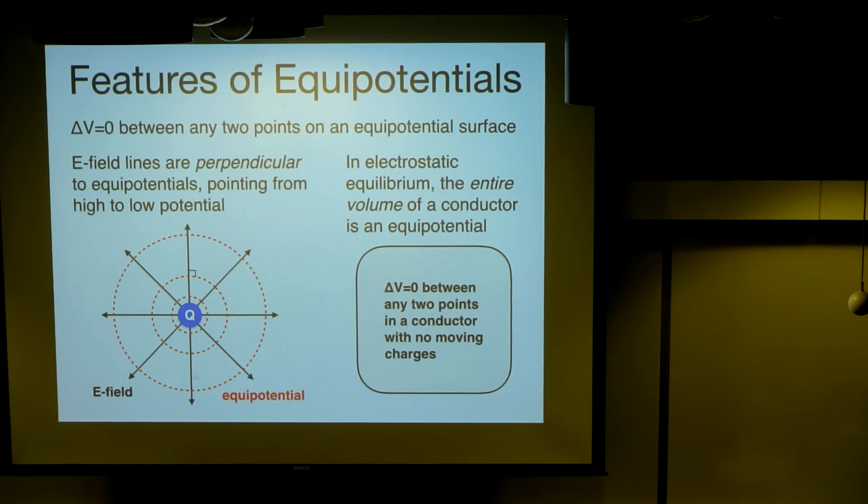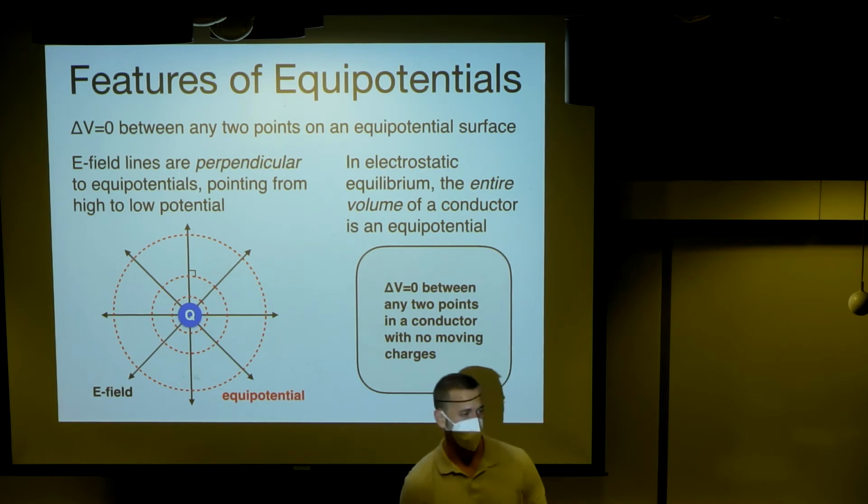Now let's talk about some general features of equipotentials, okay? So as we said, this is really the definition of an equipotential. If you have an equipotential and you move along that equipotential, delta V is going to be 0 by definition, right? We also saw that E fields point from high values of potential to low values.